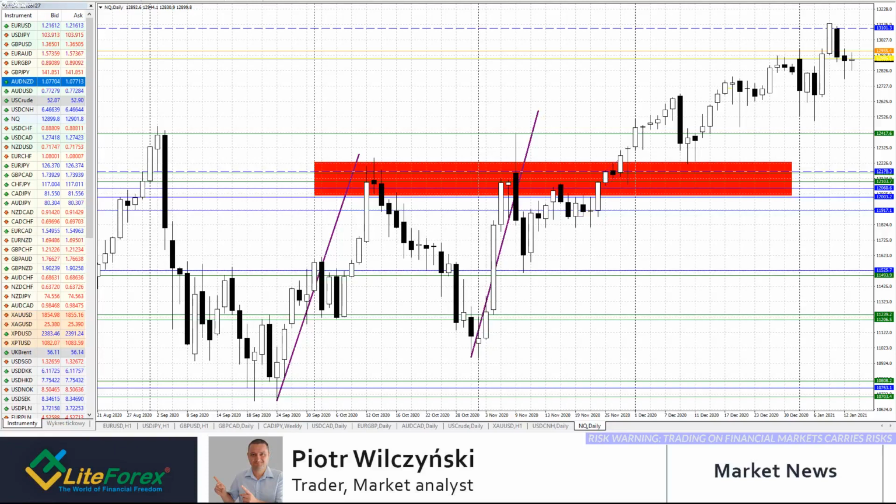Now, on the other hand, the bears may want to try to take eventually the advantage of this failure around the 13,100. Okay, it's very important because we got back. So now, yesterday price action, it was nothing else than the reaction at the demand zone, right?